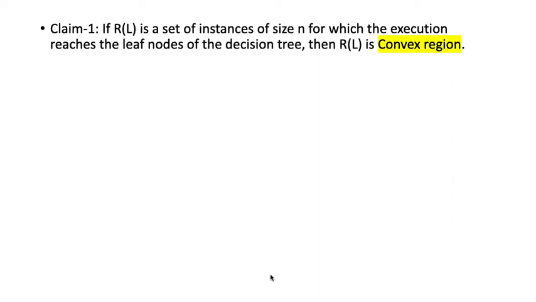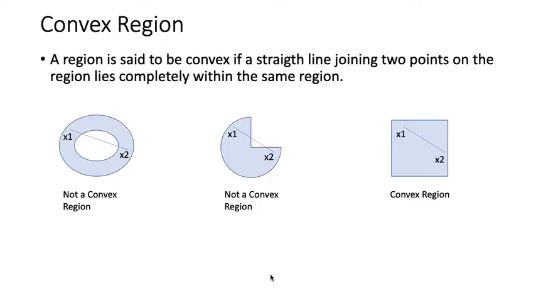We are trying to prove that R of L is a convex region. So what exactly is a convex region? A convex region is a region where if a straight line is drawn joining 2 points within that region, that line should completely lie within the same region.